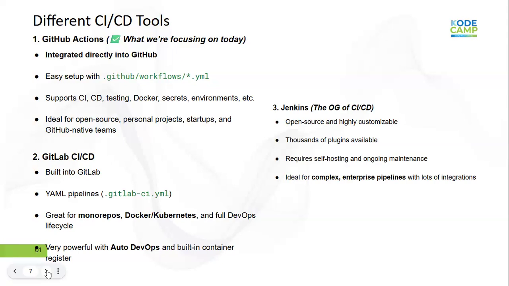First one is GitHub Actions, what we'll be focusing on today. The good part of GitHub Actions is that it integrates very well with GitHub. Everybody here has GitHub repos.